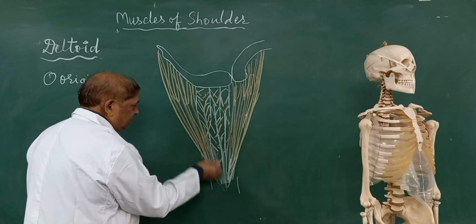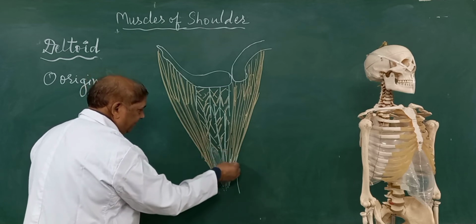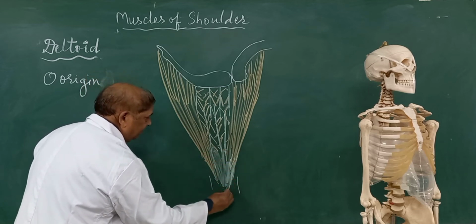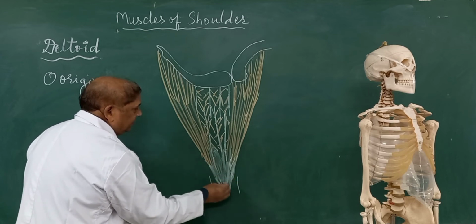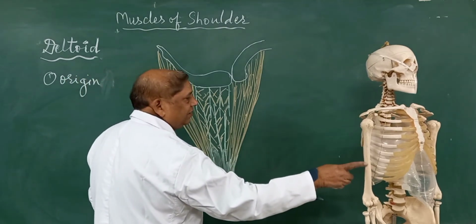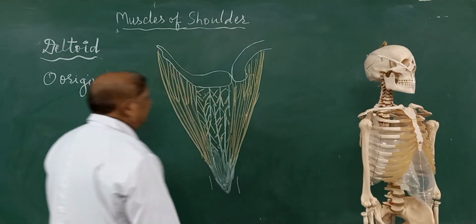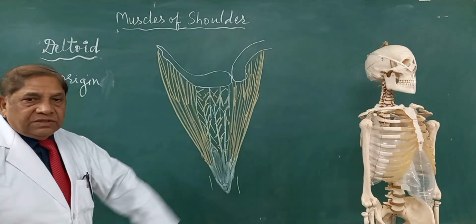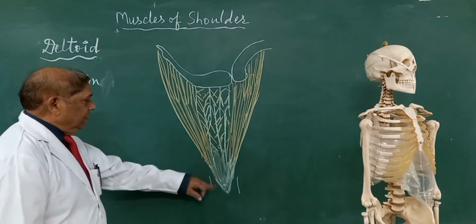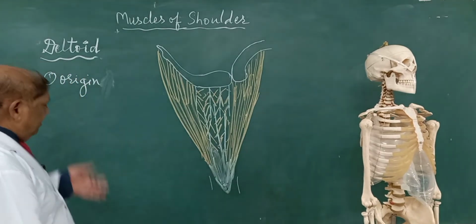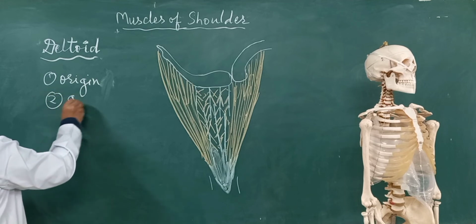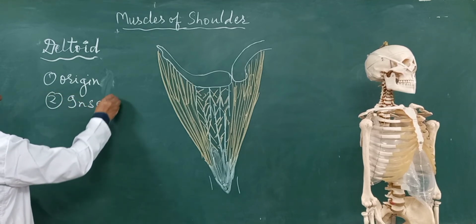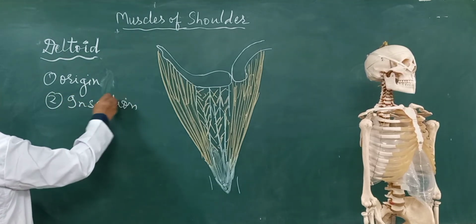The intermediate fibers of the deltoid form a strong tendon which gets attached onto the lateral side of the humerus about its middle. So this is the insertion of the deltoid muscle. We have completed the origin and insertion of the deltoid muscle.